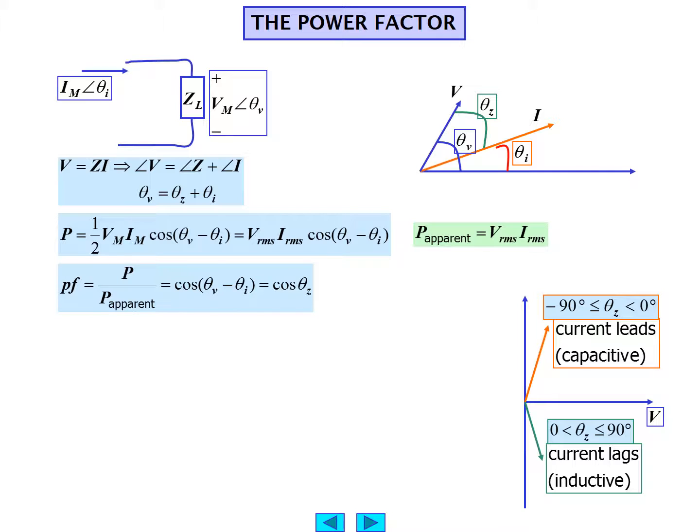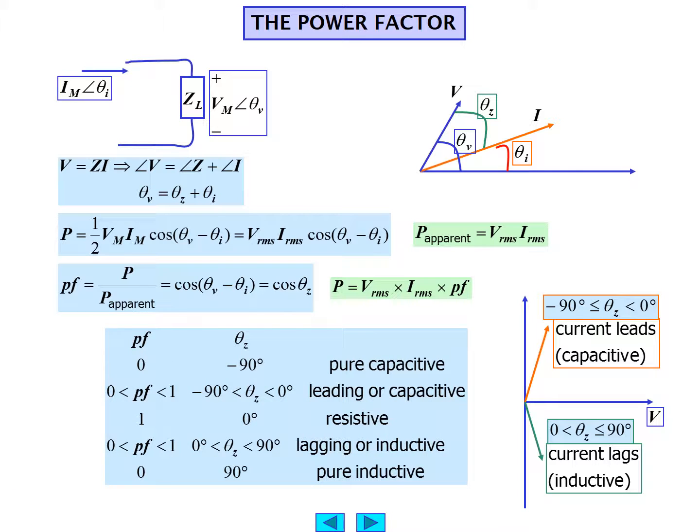Then we can define the power factor, or P sub F, as the ratio of P divided by the apparent power. That's equal to cosine of theta V minus theta I, or if you will, equal to cosine theta Z. The power P then could also be written as VRMS times IRMS times the power factor directly. We don't even need to know theta V, theta I, or theta Z if we have the power factor.